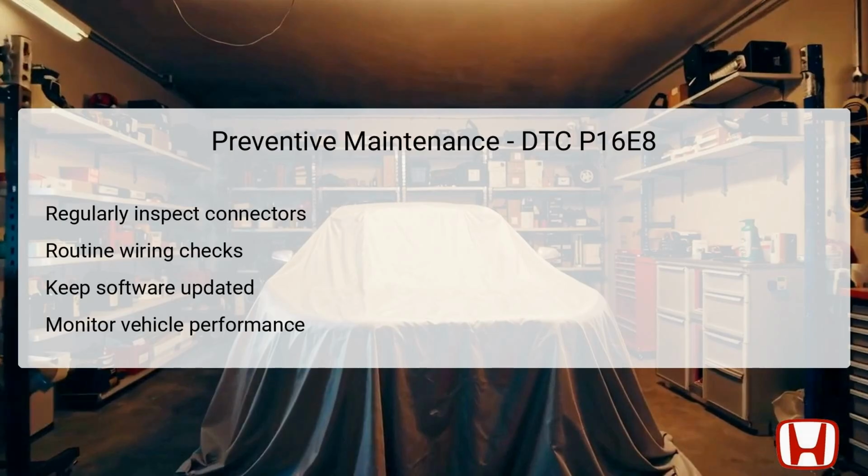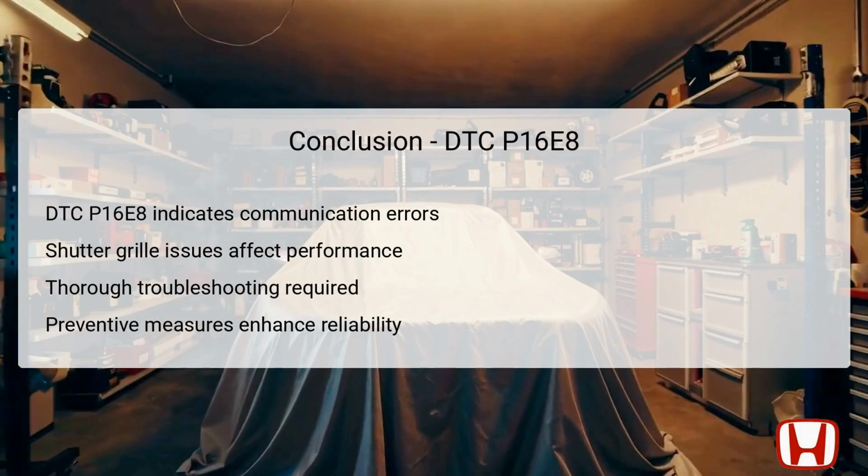In summary, DTC P16E8 is indicative of communication issues between the PGM-FI system and the shutter grille, which is vital for regulating airflow and maintaining engine efficiency. A thorough understanding of the components involved, alongside a strategic troubleshooting approach, is critical for identifying and resolving the fault.